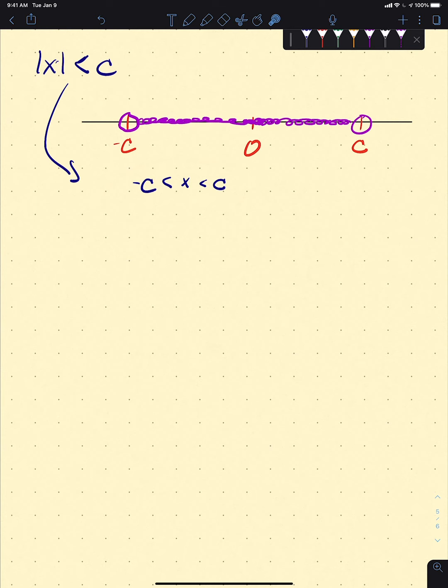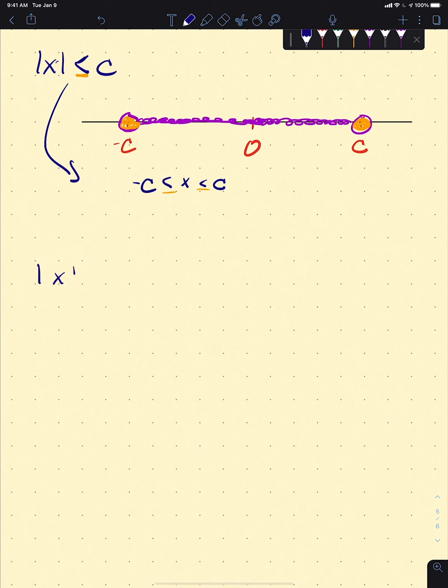And if you were to change this to equals, you would pick up these endpoints. This follows almost immediately. And I definitely encourage you to think about this and make sure that you understand it well.